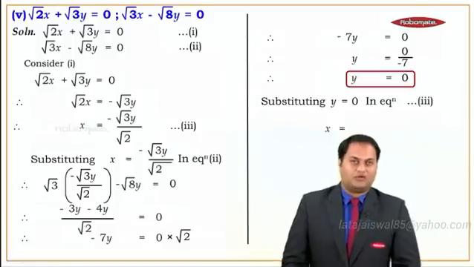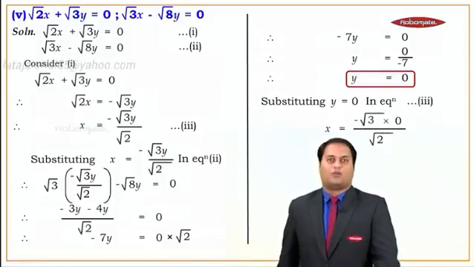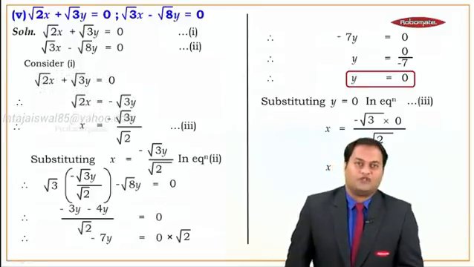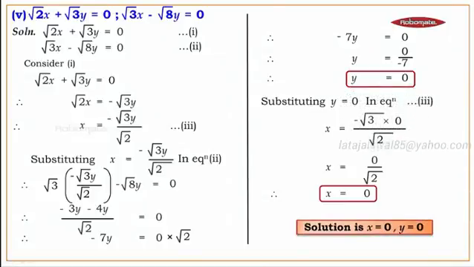X is equal to minus root 3 into 0 upon root 2, which is 0 upon root 2. Again, 0 upon anything is 0. So, x is equal to 0. X is 0, y is 0. Write the final answer. Solution is x is equal to 0, comma y is equal to 0. Clear? Chalo. Let's move on to the next sum.